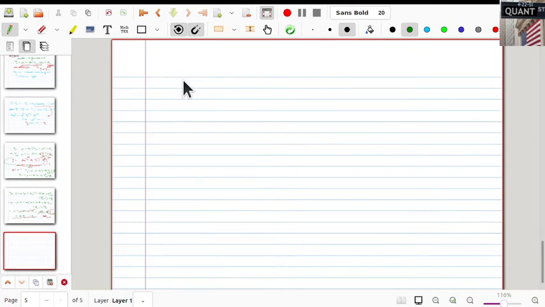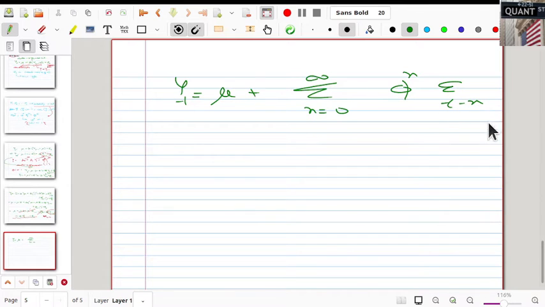So this recursive action can be generalized to form this kind of an equation, that yt equals mu plus the sum from n equals 0 to infinity of phi to the power of n epsilon t minus n.